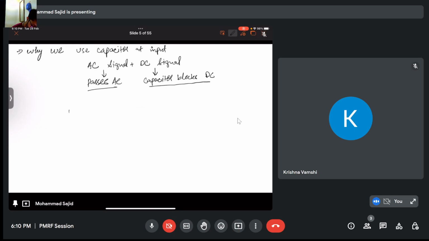So if I have a transistor, I apply some DC voltage here and some AC voltage here. I add this capacitor here. I don't want my DC signal to come and go in this direction. This DC is only for biasing purpose.